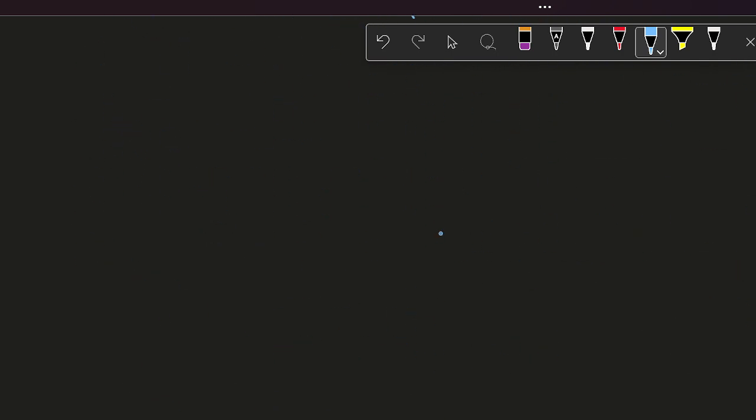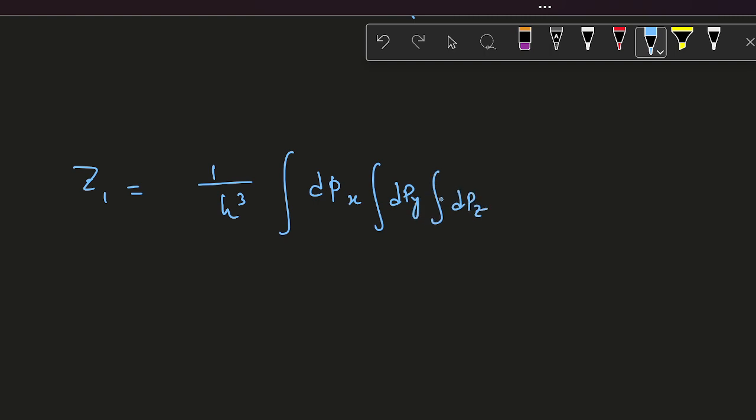So the entire structure is, let me write it down: Z1 equals 1 by h cube, a constant, so let us take it outside the integral. Then d cube p, because this is 3D, can be separately broken down into the dpx integral, dpy integral and dpz integral.